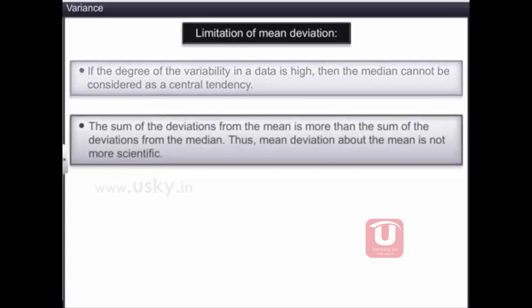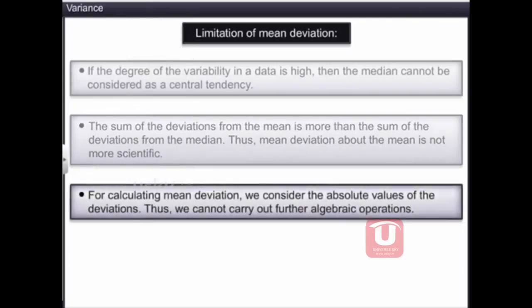This results in the sum of the deviations from the mean being more than the sum of the deviations from the median. Thus, mean deviation about the mean is not more scientific. For calculating mean deviation, we consider the absolute values of the deviations.